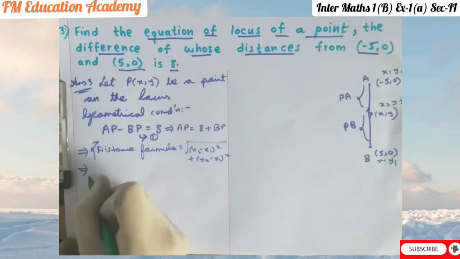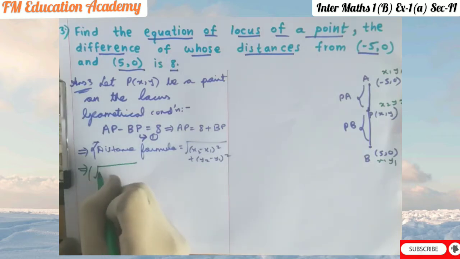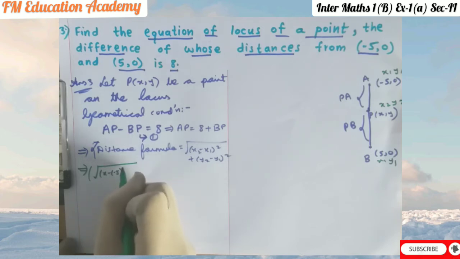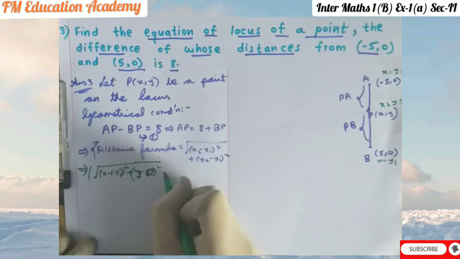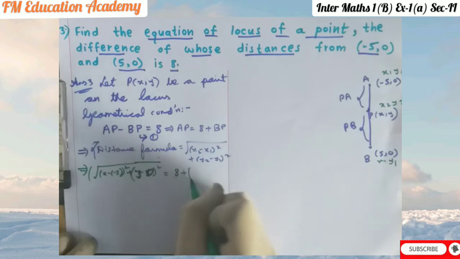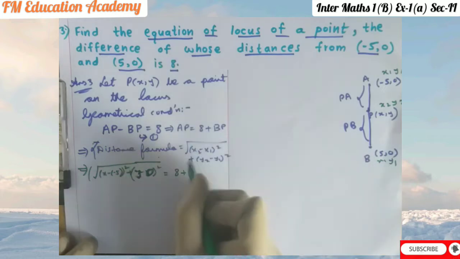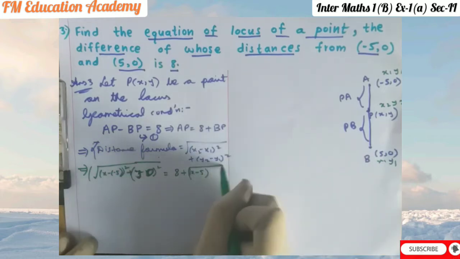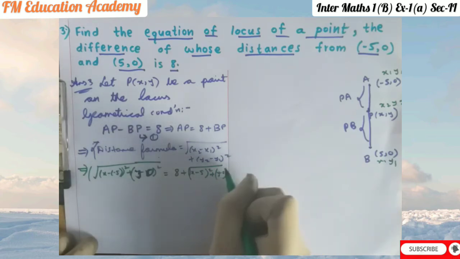So AP means root of (x2 minus x1), that is x minus of minus 5 whole square, plus (y minus 0) whole square, that is equal to 8 plus BP. What is BP here? Root of (x minus 5) whole square plus (y minus 0) whole square.